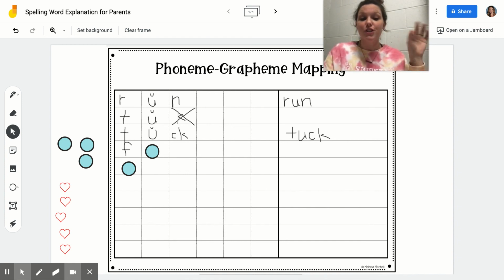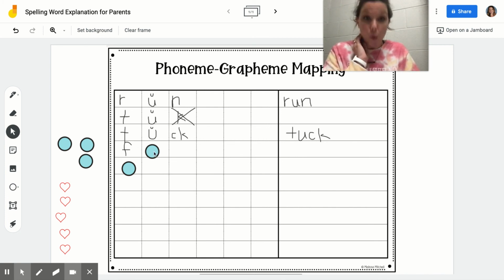The tricky ones are non-decodable. At least one letter spells a sound that we don't expect to hear. So these are harder for our memory. That's why we're going to put a heart around it, so we can remember it by heart.